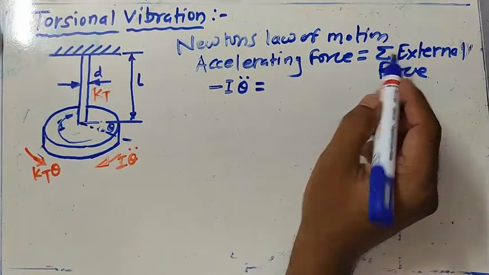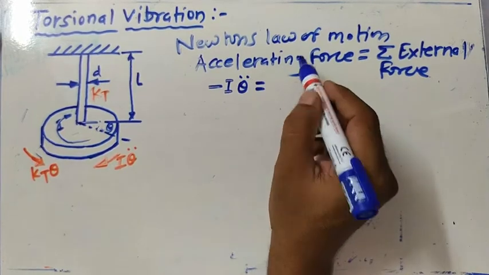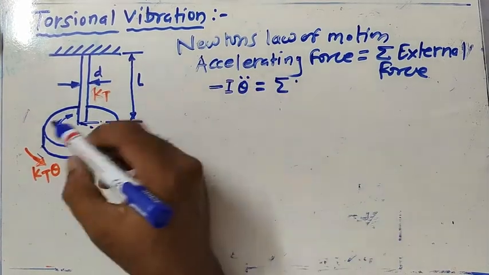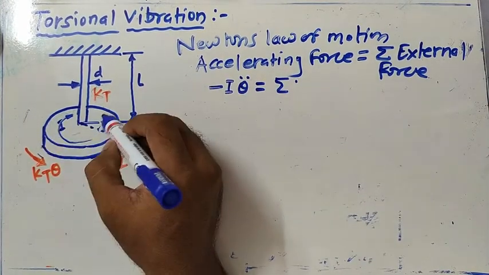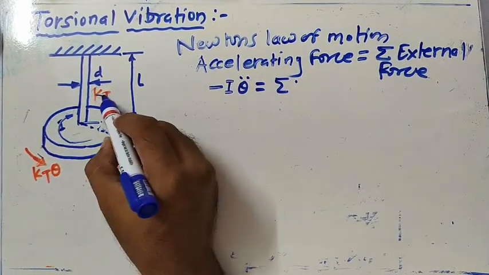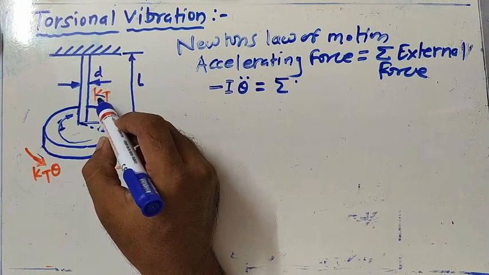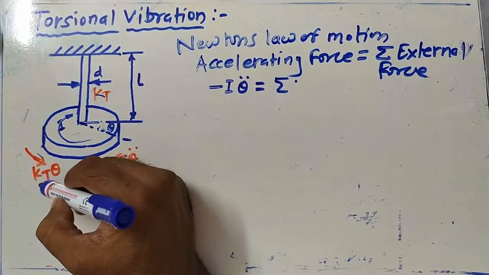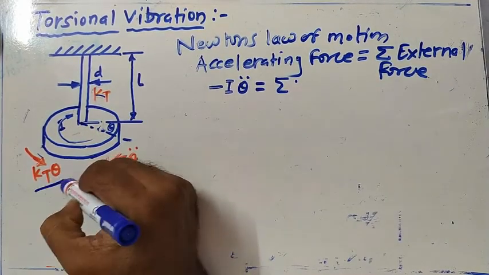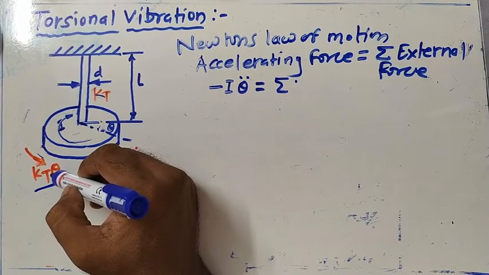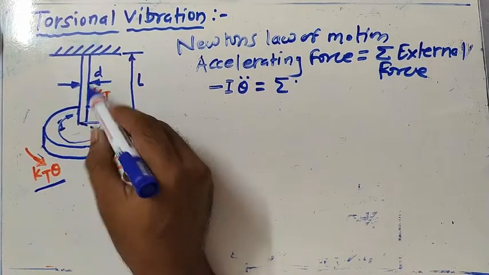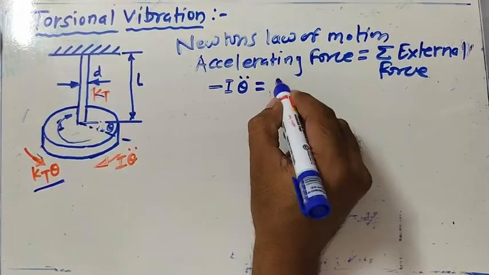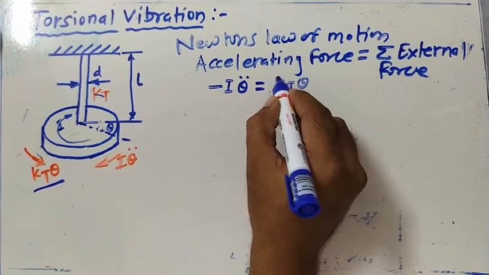Now what about the external forces? How many forces act on this disc? Kt is the torsional stiffness of this wire, and this is the torsional force offered by the wire, with magnitude Kt into theta.